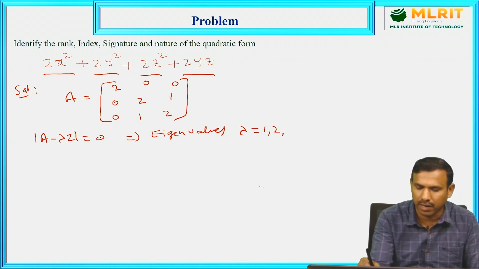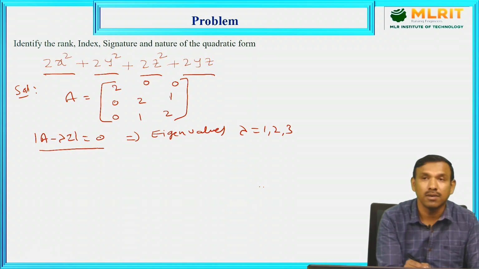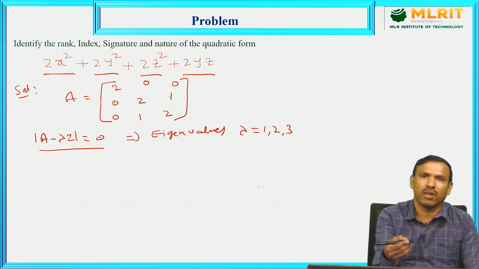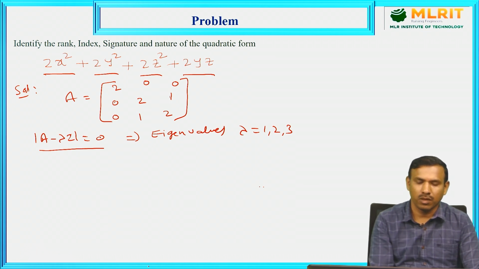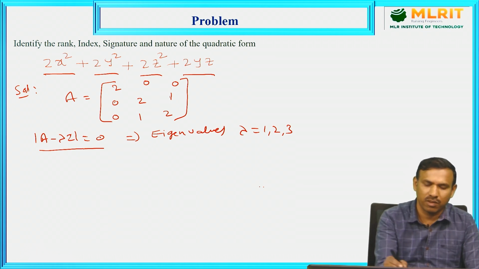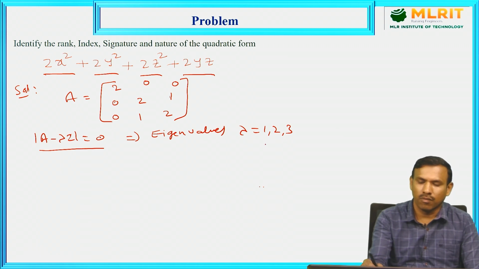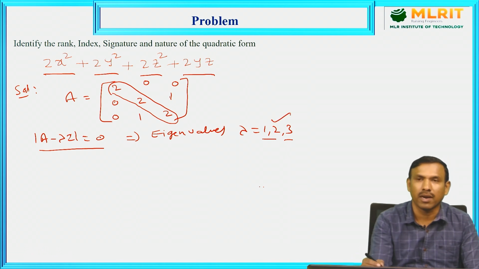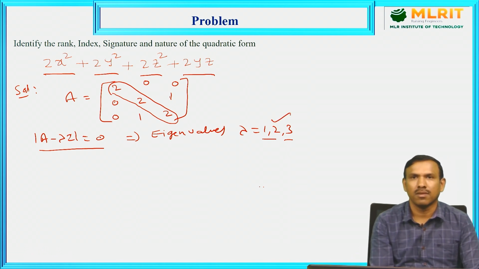We discussed this very clearly in the previous problem, and in the eigenvalues and eigenvectors topics also. 1 plus 2 plus 3 is 6, and the trace is 2 plus 2 plus 2, 6. The sum of the eigenvalues is 6, so our eigenvalues are correct.